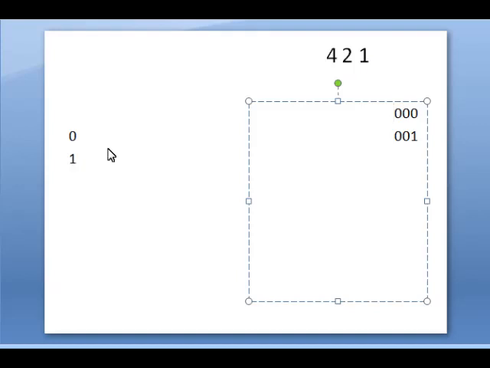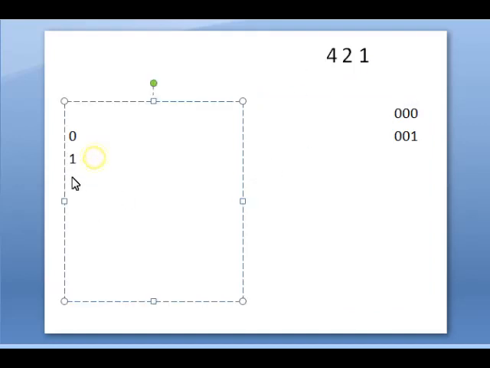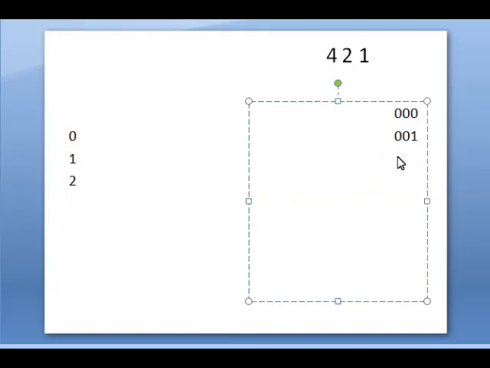The next one is 2. How will you write for 2? Here 2 is here, so wherever the number is there you have to put 1 and all the other places should be 0.